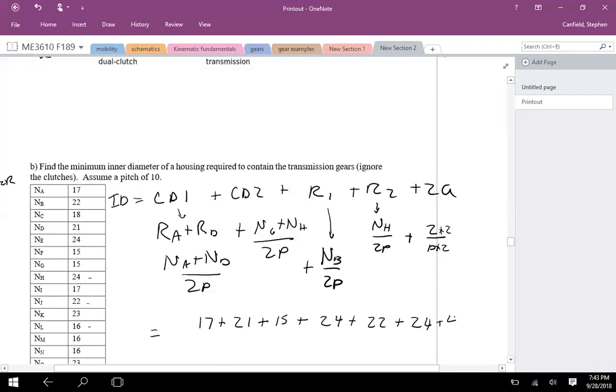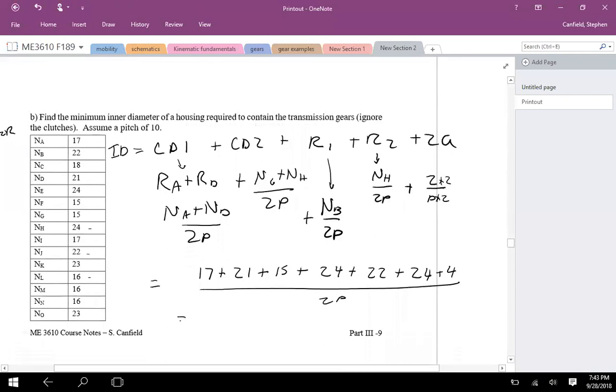So plus 4, that's all these terms, over 2P, which is 10. And I'll jump up here to my calculator, so I got 17 plus 21 plus 15 plus 24 plus 22 plus 24 plus 4 is 127 divided by 2 divided by 10. And voila, I get 6.35.